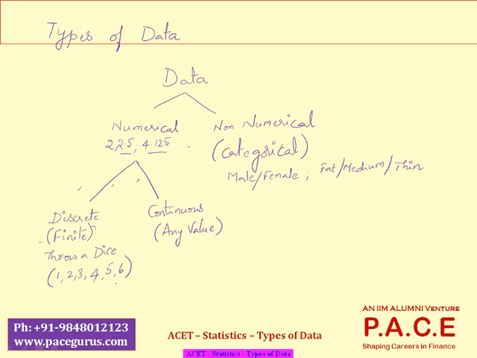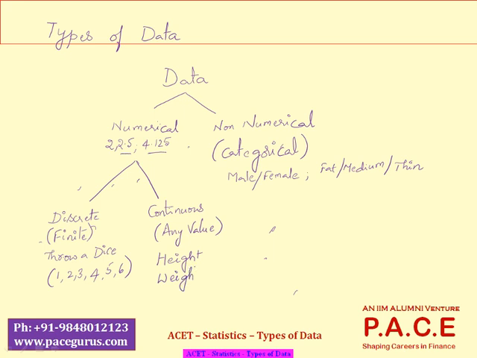So any such kind of data which is primarily countable, finite in number, where only finite possibilities can occur, we call such data discrete data within the numbers itself. Whereas wherever a large number of possibilities can exist, for example, the height of a person or the weight of a person.